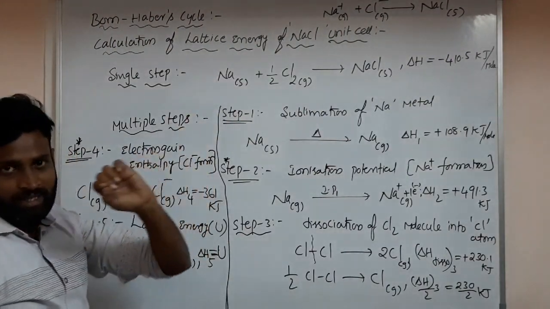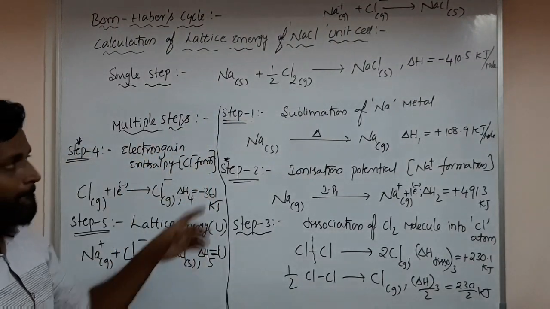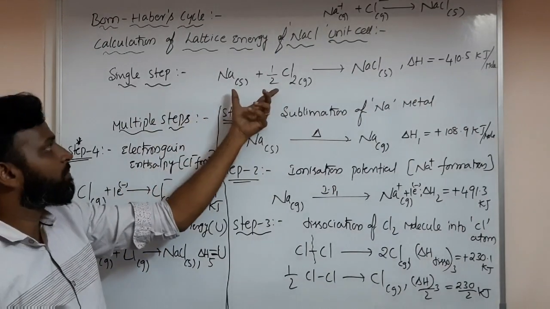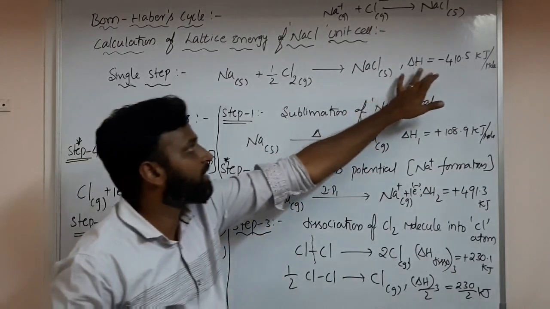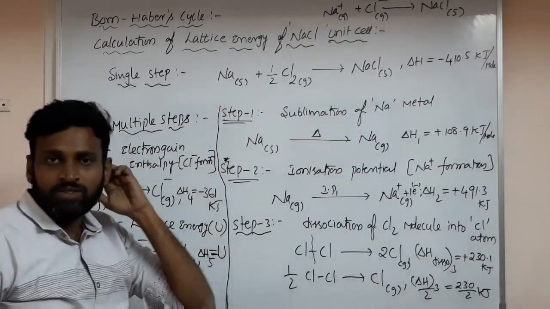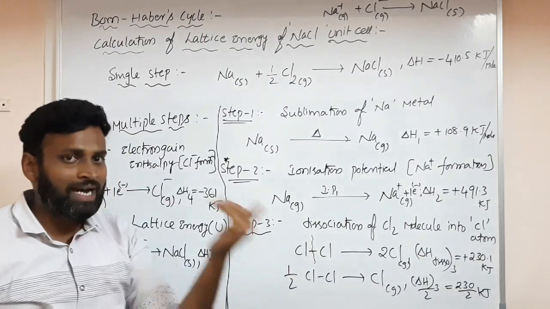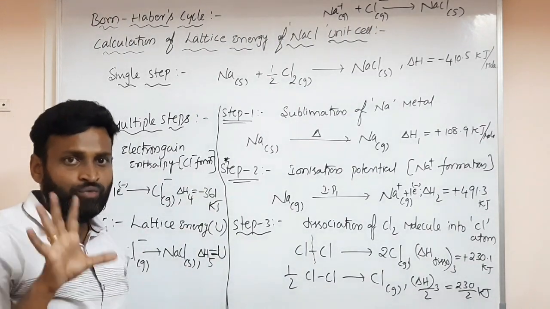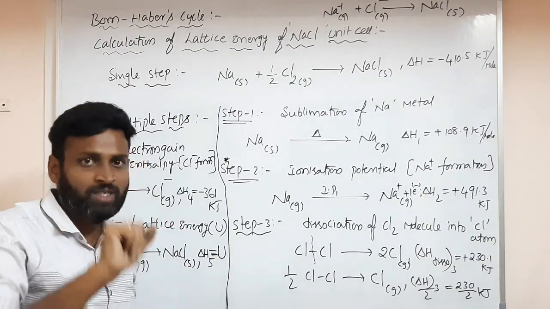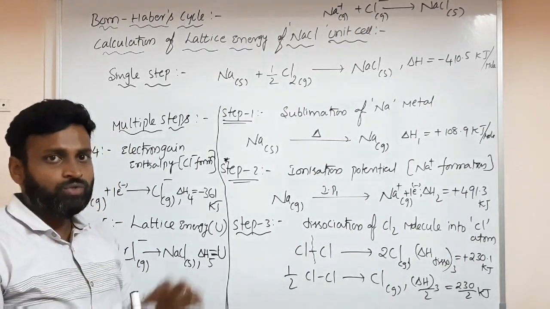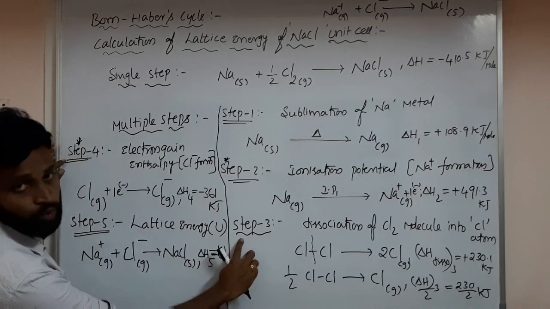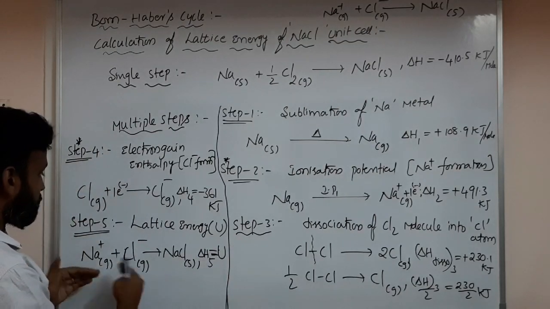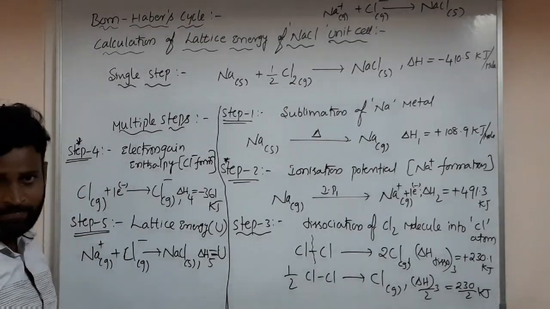Now I will revise. In a single step, sodium metal directly combines with chlorine and forms NaCl, and this much heat is released. In multiple steps, sodium has to lose an electron and chlorine has to gain an electron. That means 5 steps must happen: 2 steps to form Na plus, 2 steps to form Cl minus, and the fifth step, combination of Na plus and Cl minus.